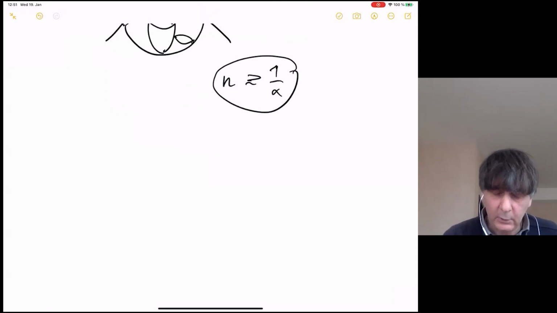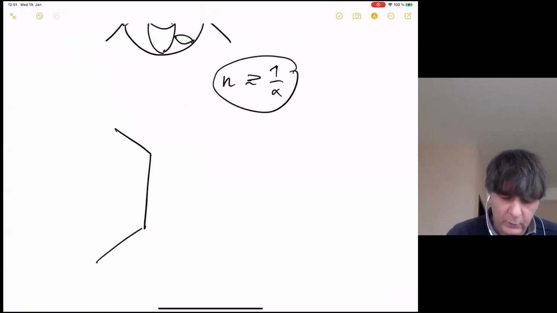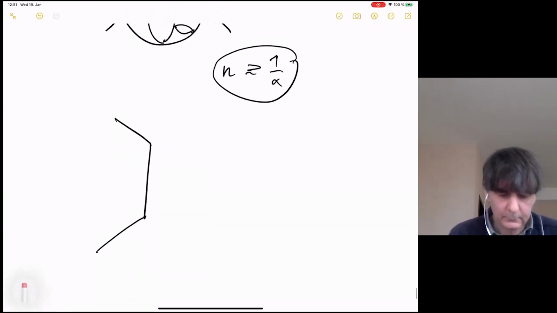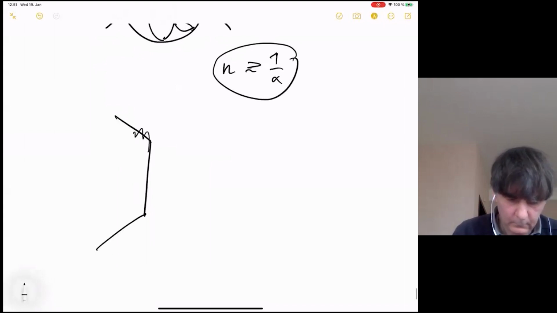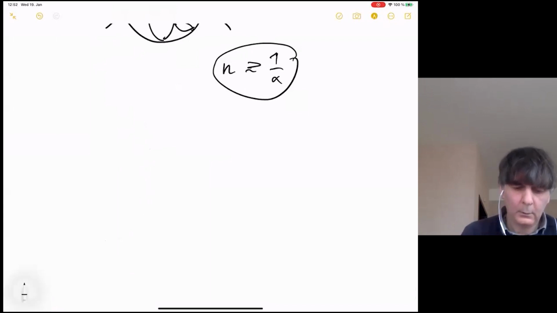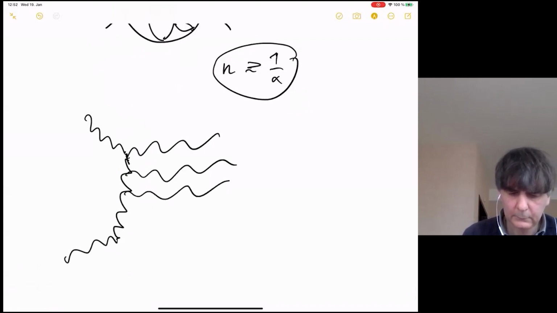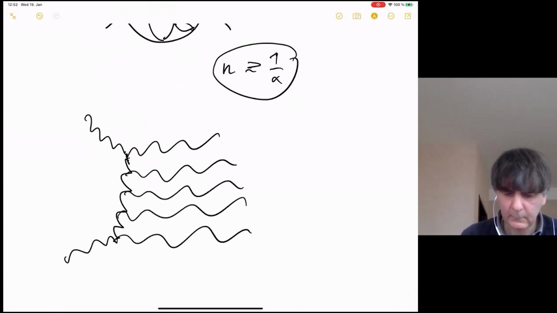And the reason is the following. Imagine I want to look for a process in which, for example, two gravitons go into many. Some process like that.